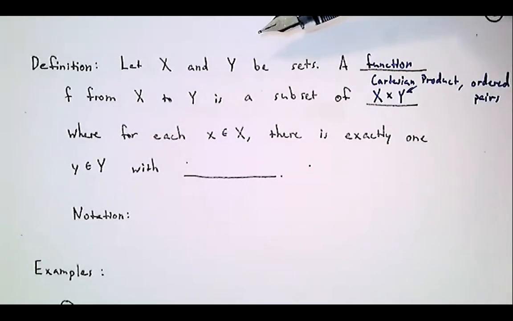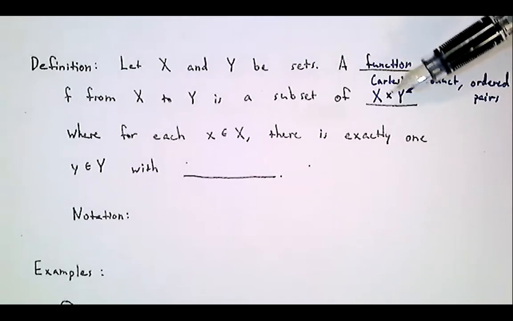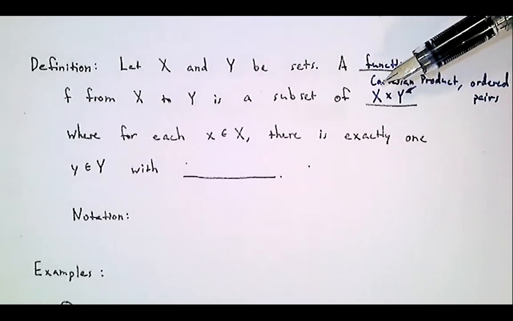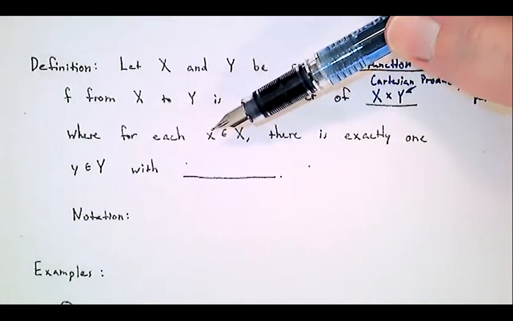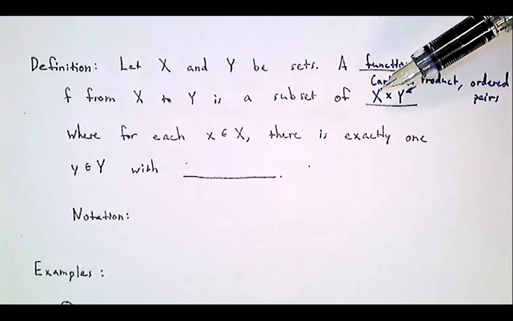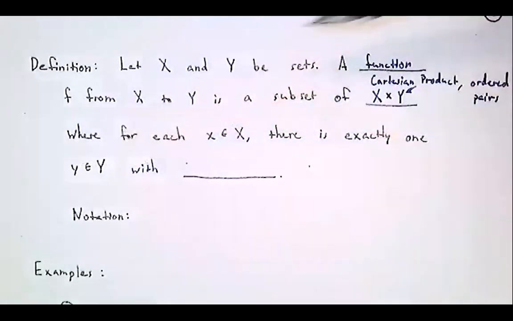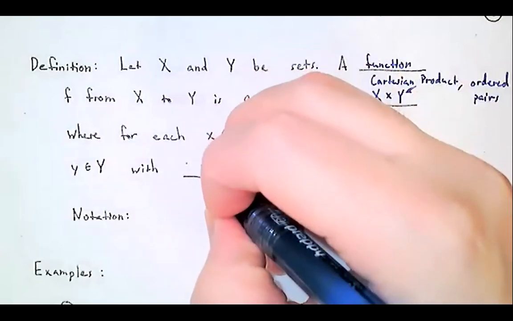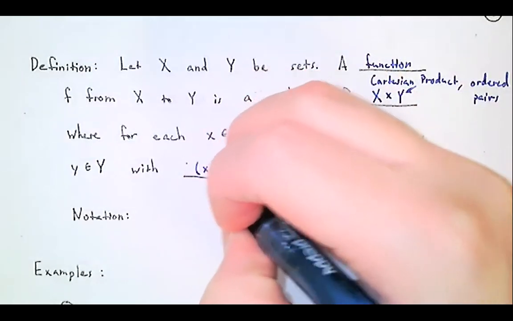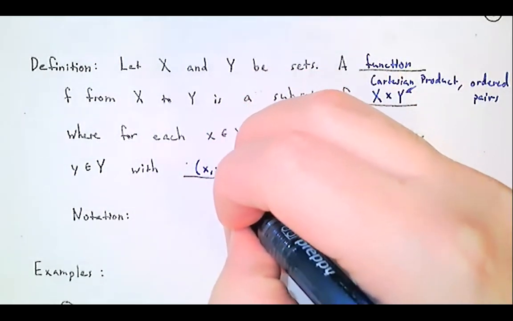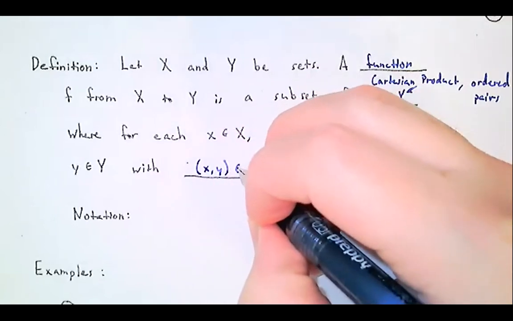Okay, so a function is a subset of this Cartesian product. So it's a set of ordered pairs where for each element x in the set x, there's exactly one element y in the set y with x comma y in the function, x comma y in f.